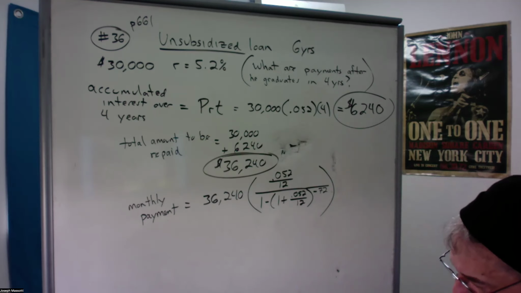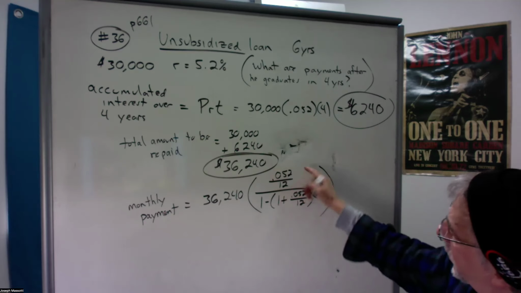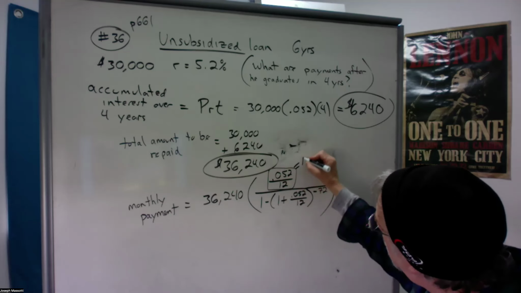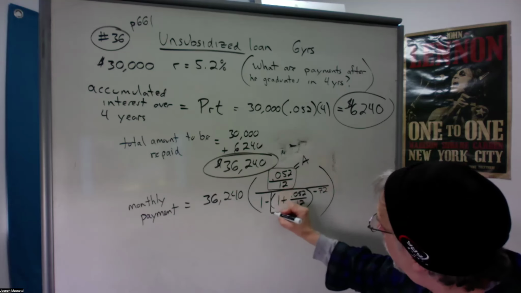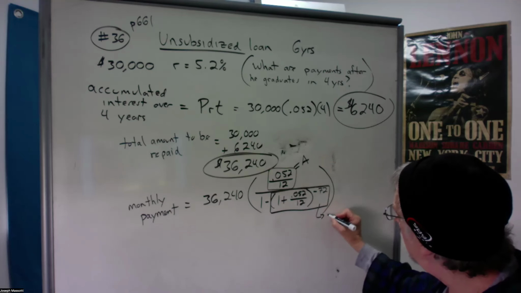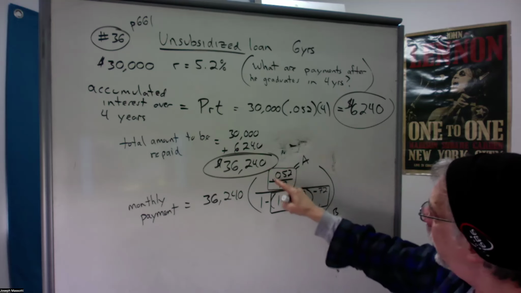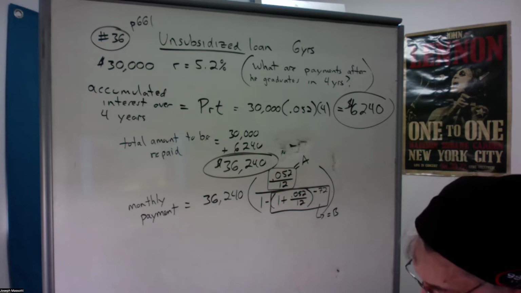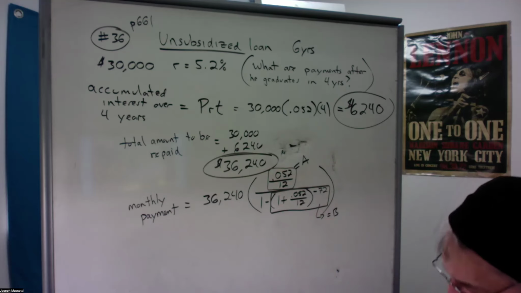We say 0.052 divided by 12. We store that to our letter A. Then we're going to calculate this value here and call it B. So I've already got this fraction as A. I'm going to add 1 to that number and raise it to the negative 72.